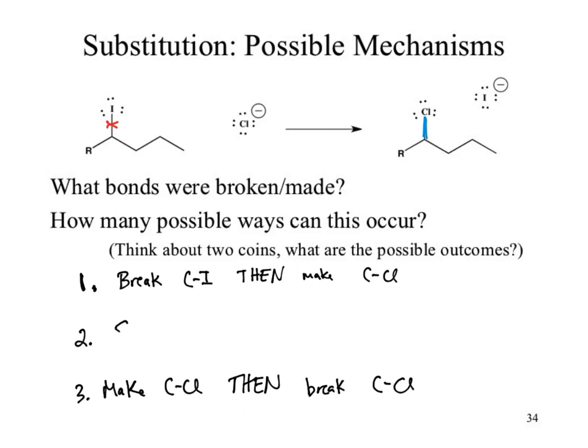They happen at the same time. So there are 3 possible ways to do a substitution reaction. Okay? We've just talked about substitution reactions and the possible ways you can do them. There were 2 different types, right? One of these is impossible. We'll start there on Wednesday.